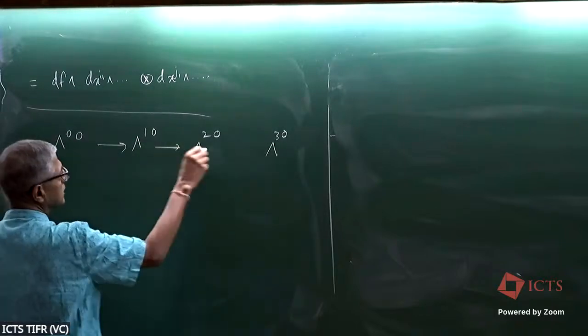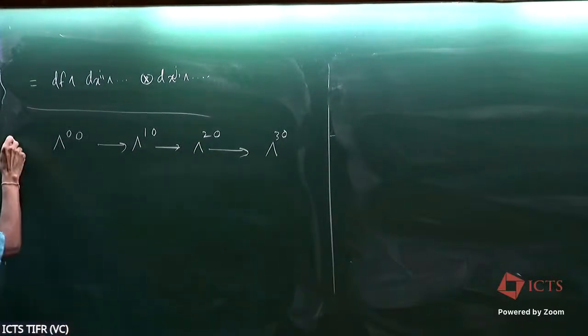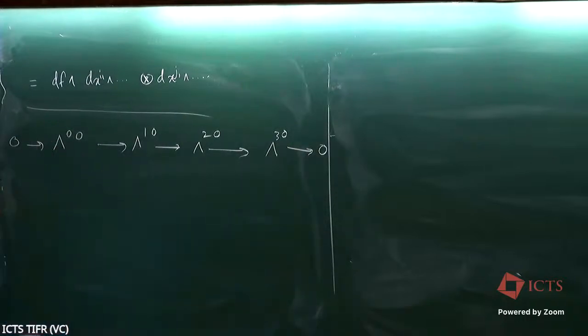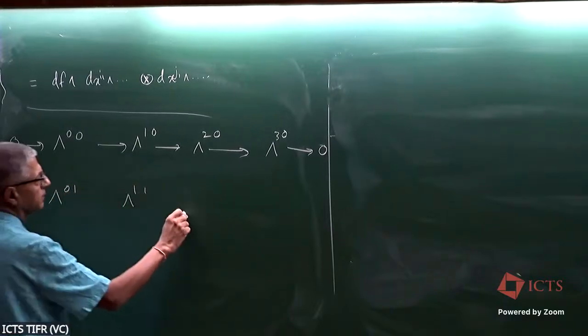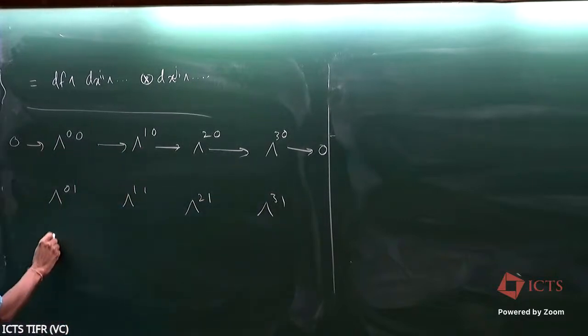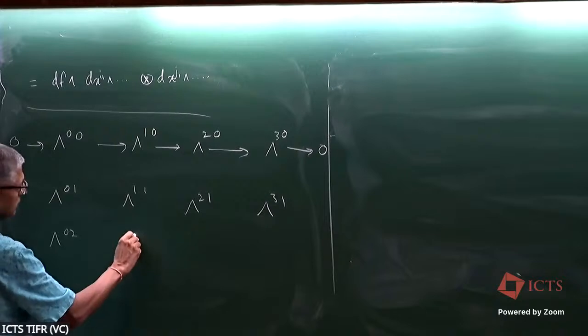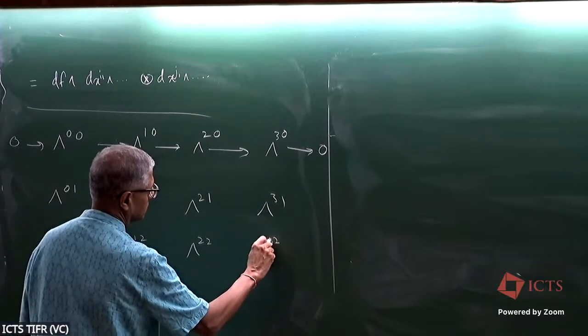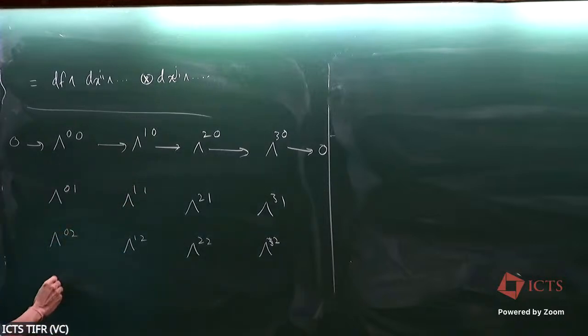And you have these D-nablas. And let's say you have zeros here, the 0 maps. Then you write down a square grid like this. So now we'll have 1 form valued guys. We'll have 2 form valued. And we have 3 form valued.